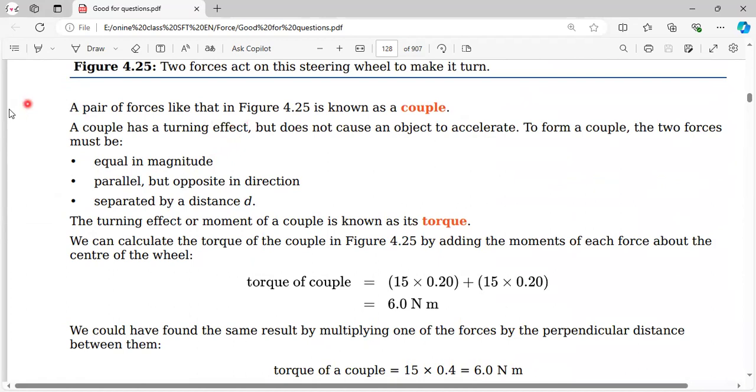For example, the easiest example, if you consider two forces that are equal in magnitude and parallel but opposite in direction, and separated by a distance d, this turning moment or couple is called the torque, right?